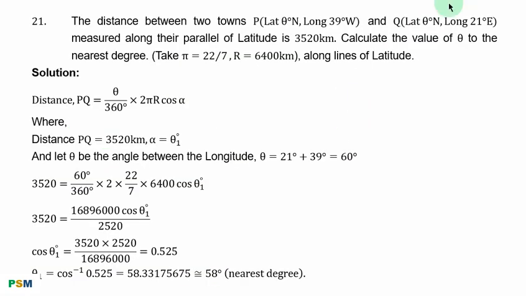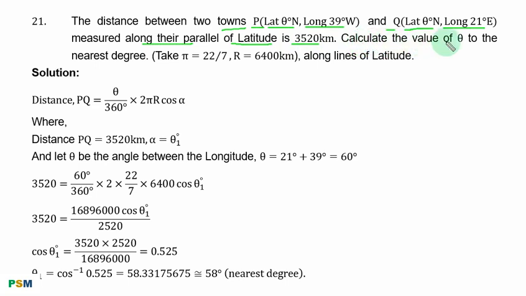Example 21. The distance between two towns P, latitude theta degrees north, longitude 39 degrees west, and Q, latitude theta degrees north, longitude 21 degrees east, measured along their parallel of latitude is 3,520 kilometers.